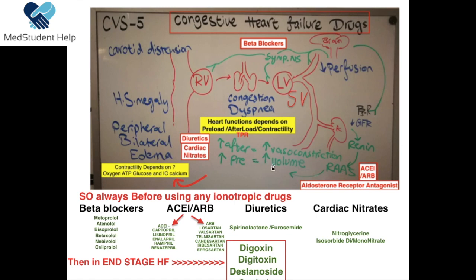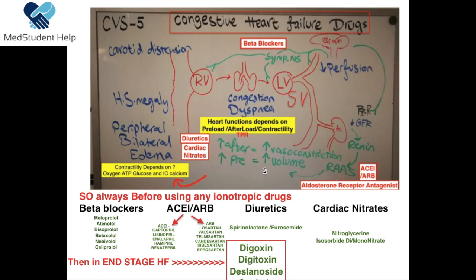Now, you've noticed that an increase in the vasoconstriction means that there is going to be an increase in the total peripheral resistance again, which means that there is an increase in the afterload again, which means that in the long run, the heart is going to be suffering again, right?